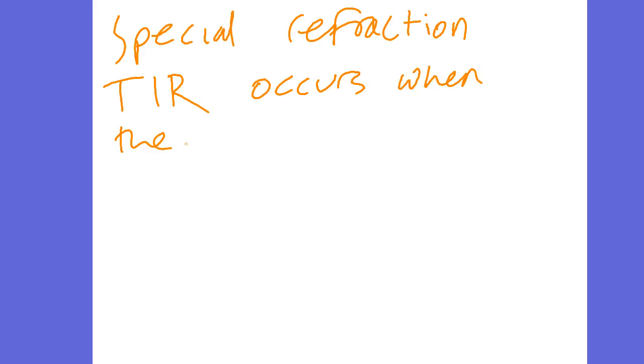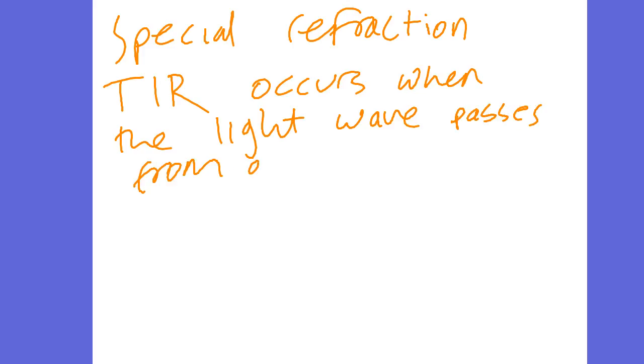So total internal reflection, which I will lazily call TIR throughout the video, occurs when the light wave, or any wave, we might be looking at other waves but generally light waves, passes from a high refractive index, remember that was n, to a low refractive index.